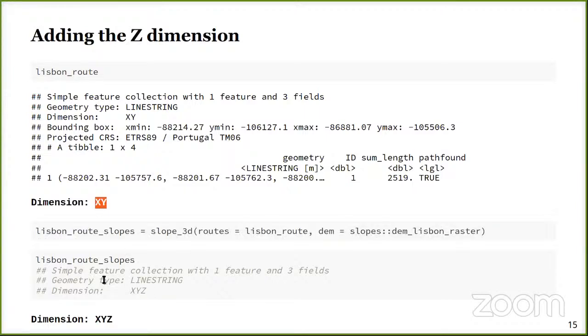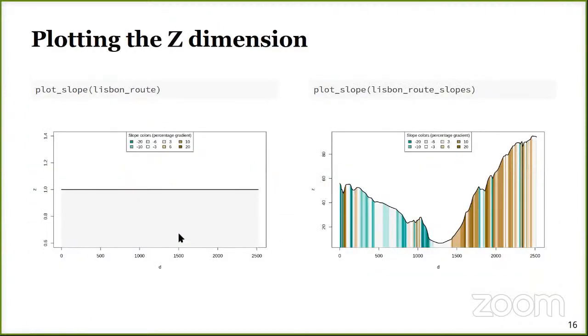So this is XY, and then after applying this command, you've got XYZ. And you can plot that using plot_slope. So on the left, you've got the before, which has no elevation axis. And then on the right, you've got this really rich and valuable information about the gradient at different parts along the route.